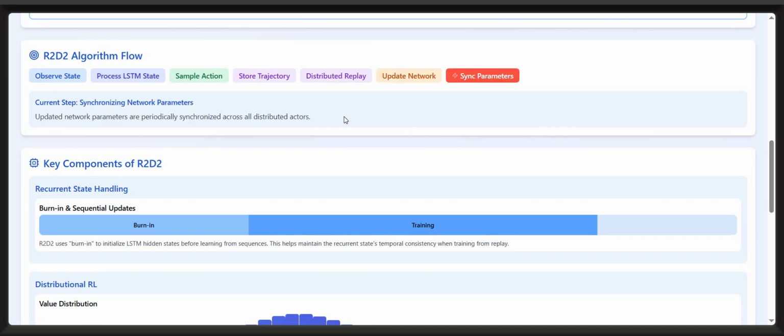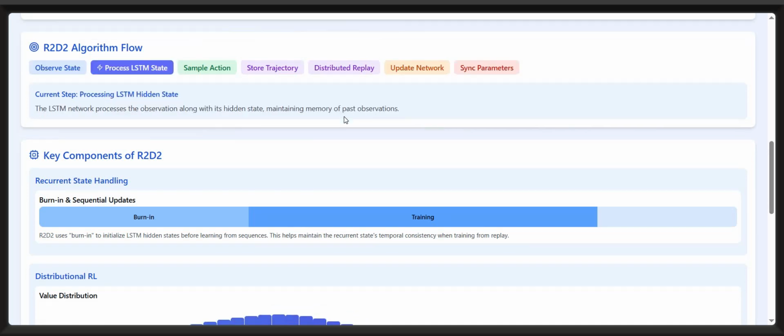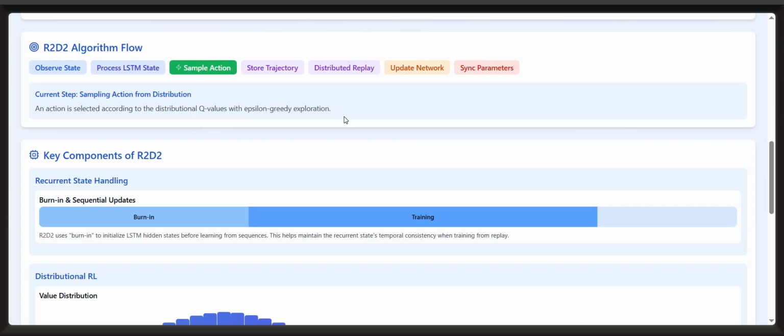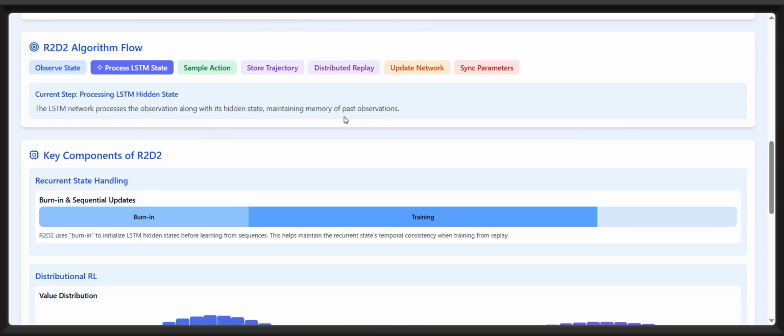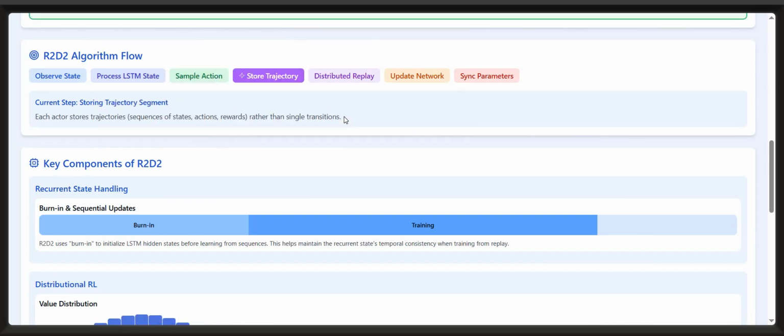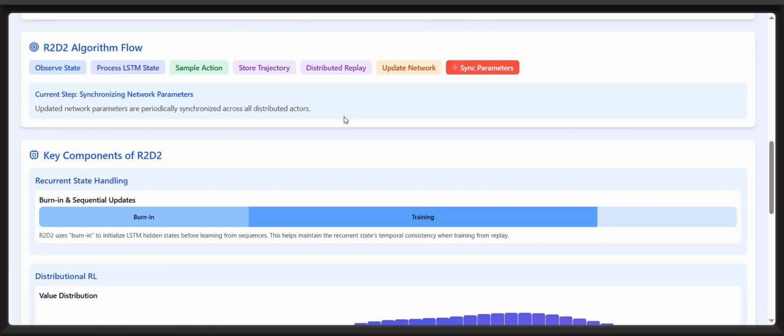Then, when it is time to learn, we sample from that replay buffer, but not randomly. Remember, it is prioritized. So transitions with larger TD errors are more likely to be sampled, and TD stands for temporal difference. Larger errors typically mean the agent was more surprised, which makes those samples more useful for learning.